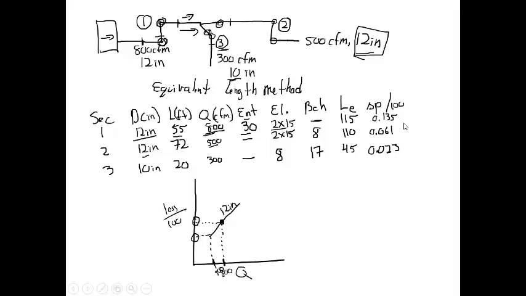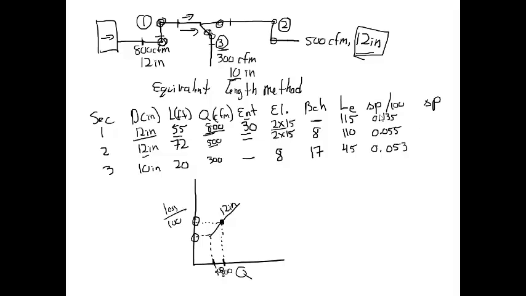Sorry, I messed up those last two. For section 2, you should find 0.055. My apologies. 0.055 inches of water per 100 feet of duct length, and then 0.053 for section 3.